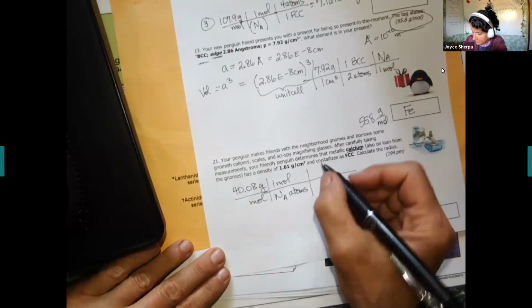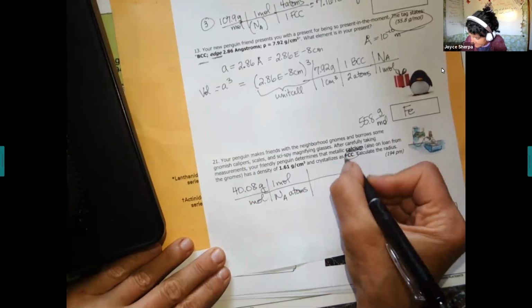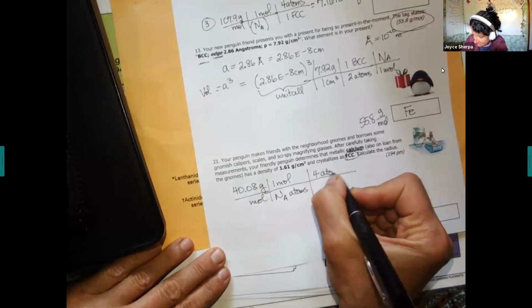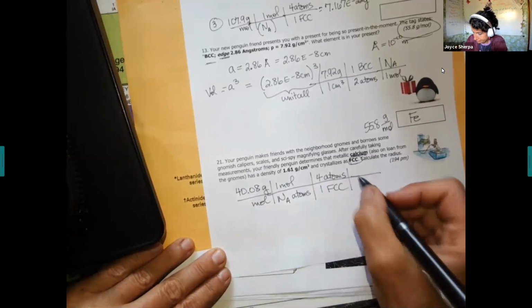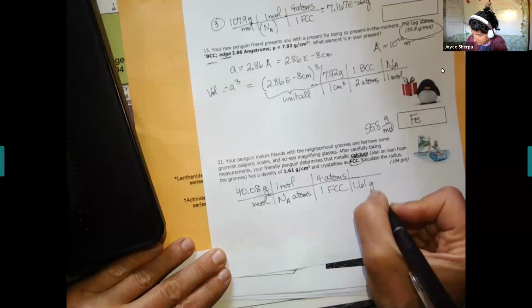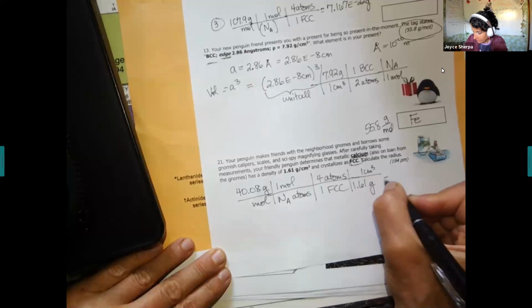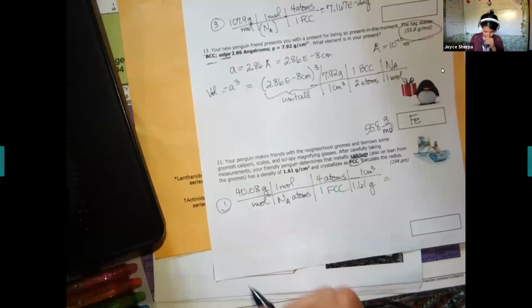And it is FCC, so 4 atoms per FCC. Then I like to bring the density in, 1.61 grams per cubic centimeter. And that will give me my volume. So that's my first step.